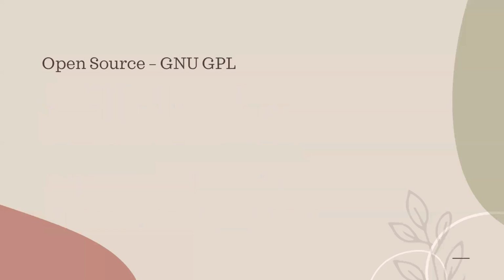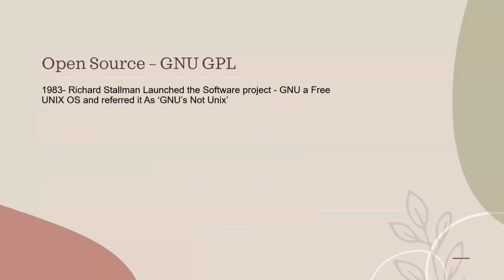Now let's talk about GNU GPL license. Here we are. In late 1983, Richard Stallman launched a new software project, GNU. This GNU software was launched in order to contest against the Unix operating system.